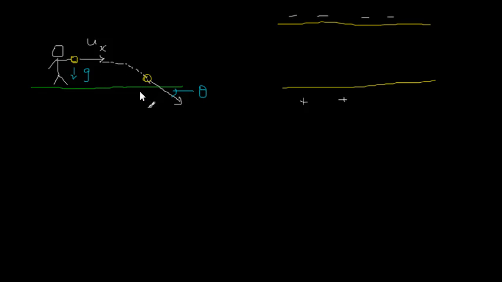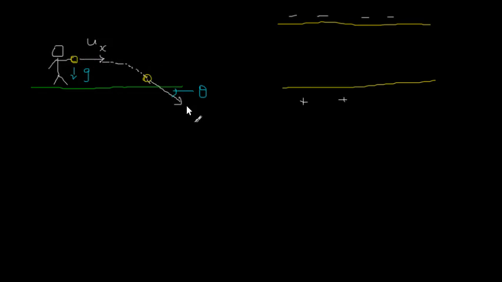The way to do this would be to resolve the motion into two directions, the horizontal and the vertical. The horizontal motion has no force involved because gravity acts downwards. So the horizontal component of the velocity must not change. It must stay constant.